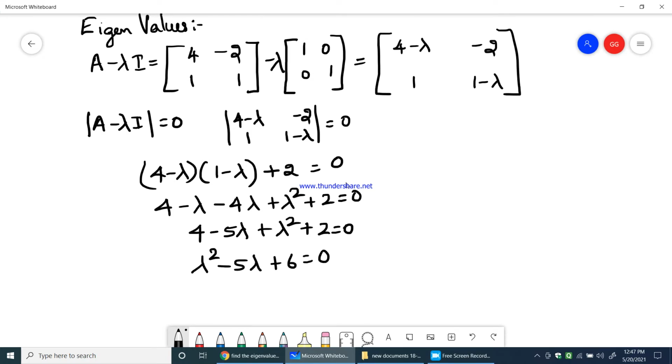Now the two factors here: 3 into 2 is 6, and 3 plus 2 is 5. We can also go with 6 and 1, so minus 6 plus 1 is again minus 5. So I think we should go with minus 3 and minus 2 as the two factors. So lambda square minus 3 lambda minus 2 lambda plus 6 equals 0.